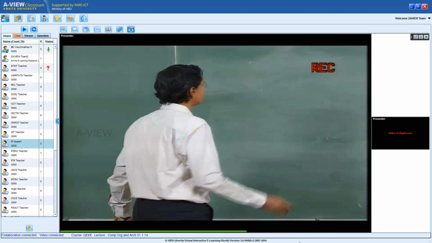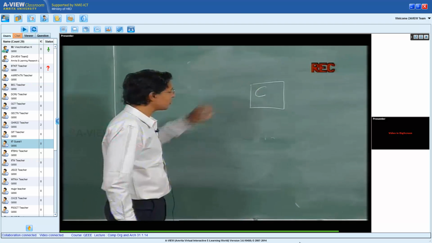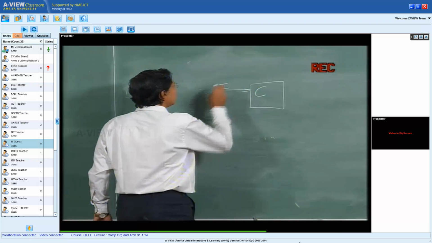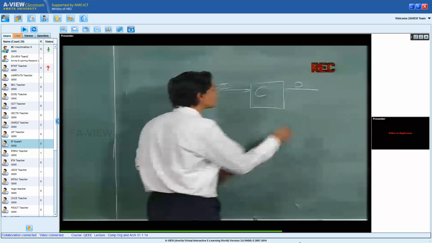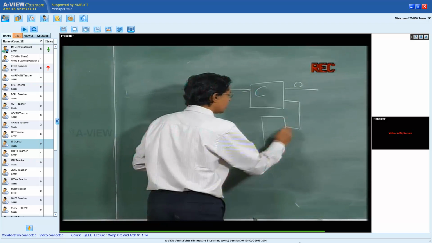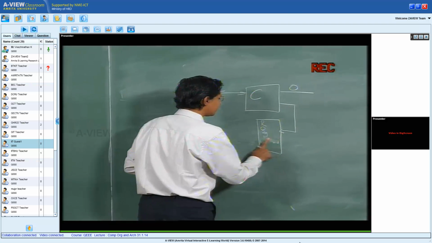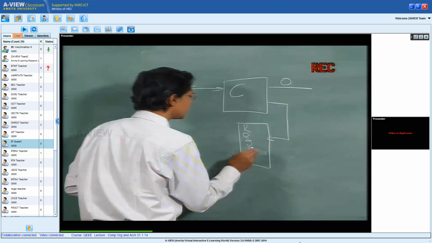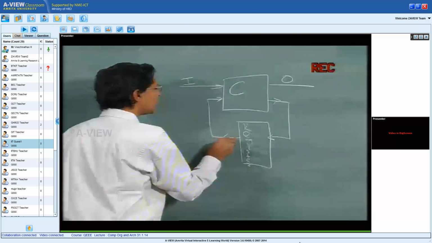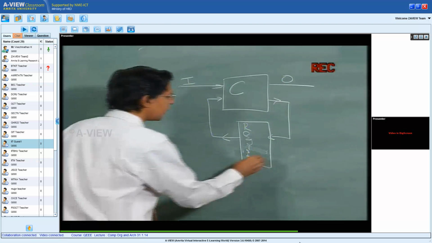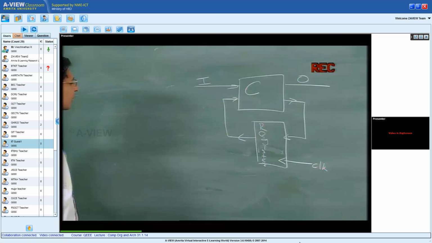A sequential circuit basically has a combinational circuit to which some inputs are given and some outputs are collected, and some outputs of this combinational circuit are stored in registers, and the output of that register is also given as input to the combinational circuit, and the register is also governed by a clock.